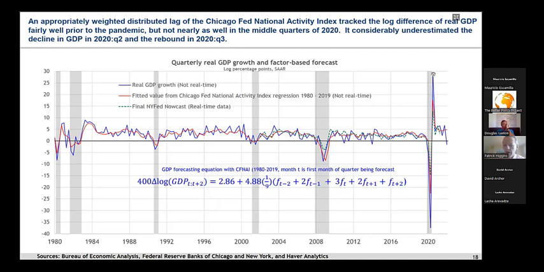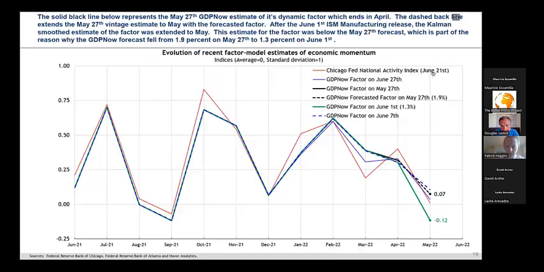So there is some value added from actually doing the mechanical brute force when you have these extremely unusual changes. At least in the second and third quarter of 2020, the GDPNow did a much better job of estimating GDP growth once it had all of the data than the factor models did.